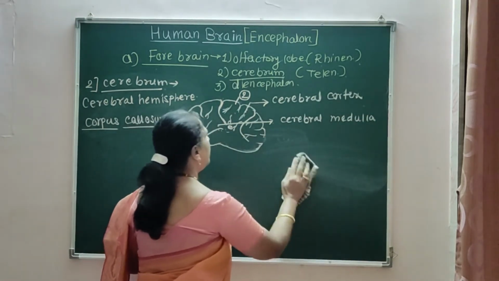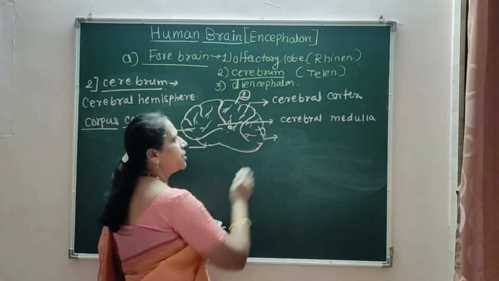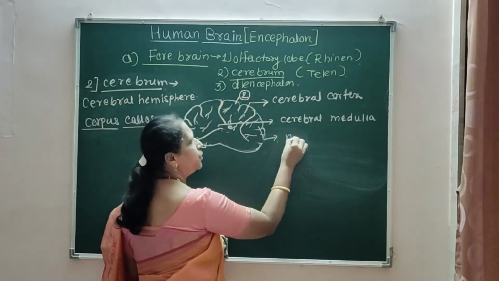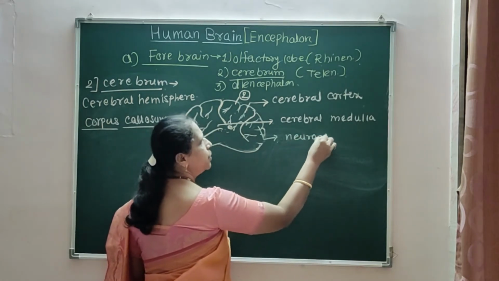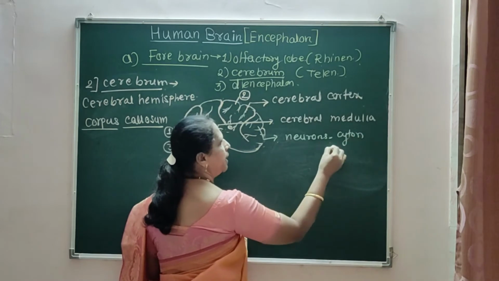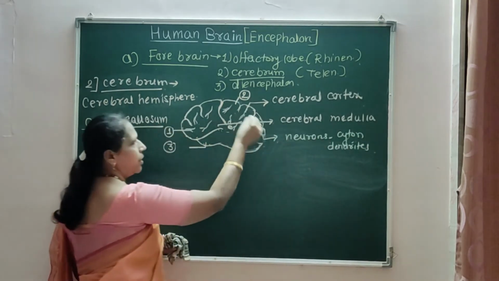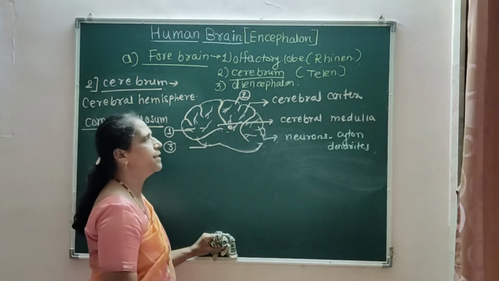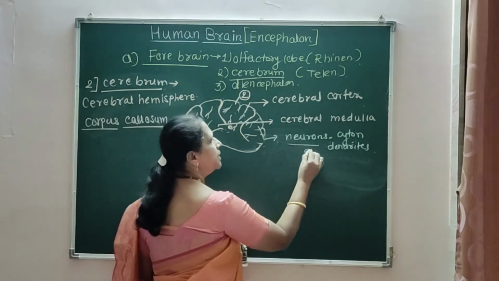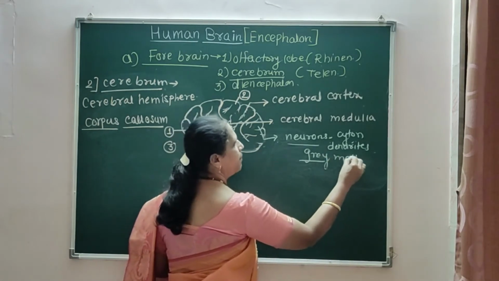Then this cortex is made up of millions of neurons, and these neurons show the presence of cyton and dendrites which are present in the outer area, that is the cortex area, and hence it appears gray, that is called gray matter.